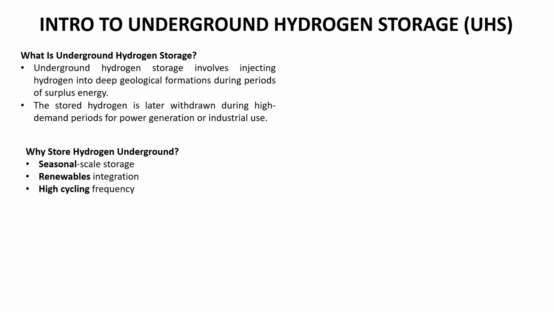Also, the storage sites may operate with multiple injection and withdrawal cycles per year. This means that the reservoir is repeatedly pressurized and depressurized. And finally, these pressure fluctuations are significant, large enough to alter the mechanical behavior of the storage formation or the surrounding cap rock.